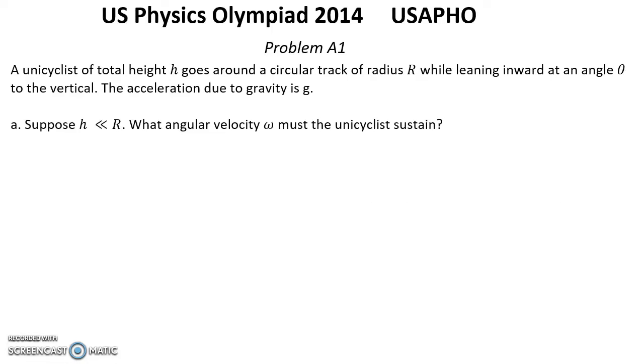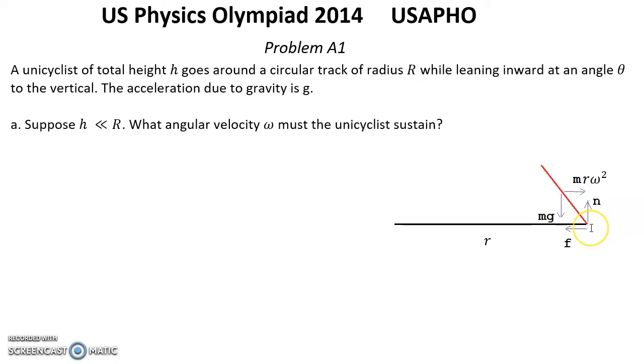Solution for question A. Here is the picture. We have a unicyclist in the form of this red line, which is moving in a circle of radius r. If we choose a frame of reference which is rotating around this axis with the angular speed omega, in this frame our unicyclist is stationary.